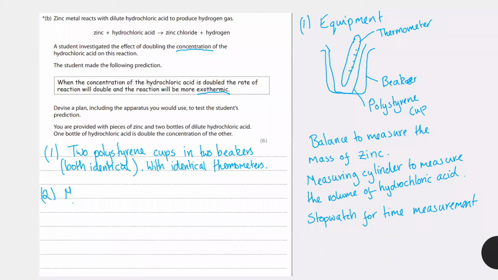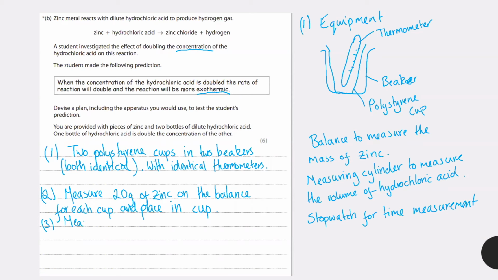Number 2: measure 20 grams of zinc on the balance for each cup, any sensible measurement will be fine, and place in the cup. A lot of things have got to be the same.